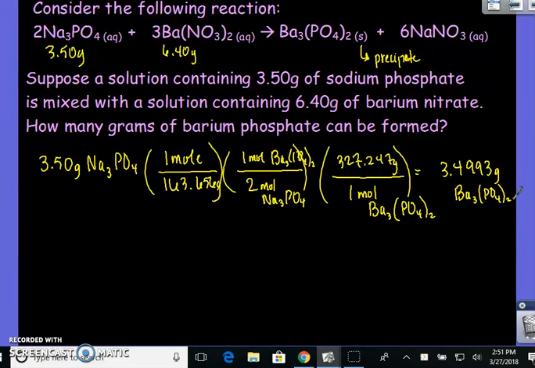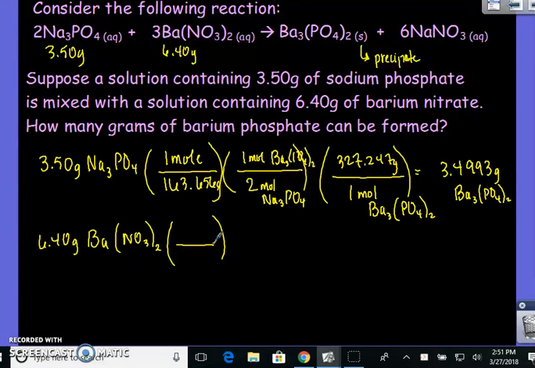Okay, now I'm going to have to whip out the calculator because I'm going to have to calculate the mass of my barium nitrate. So I got 6.40 grams of barium nitrate. Okay. And I'm sorry about that, kind of ugly. So barium's mass is 137.327.